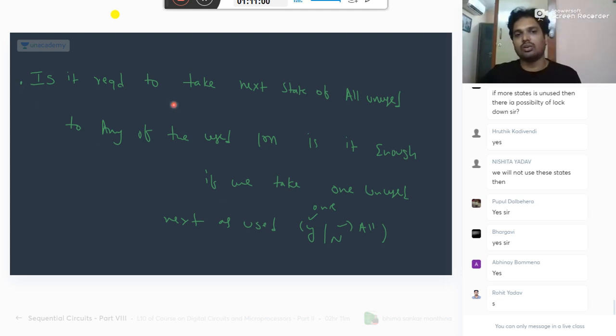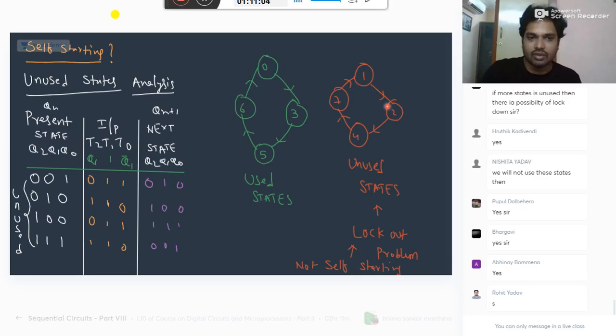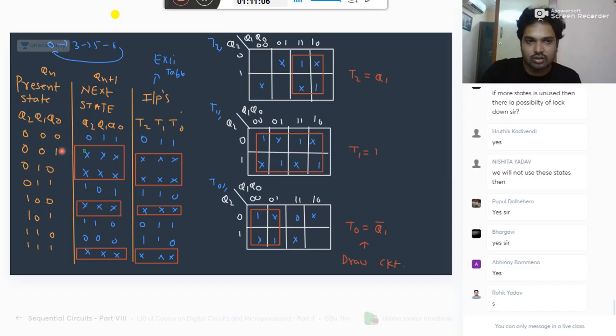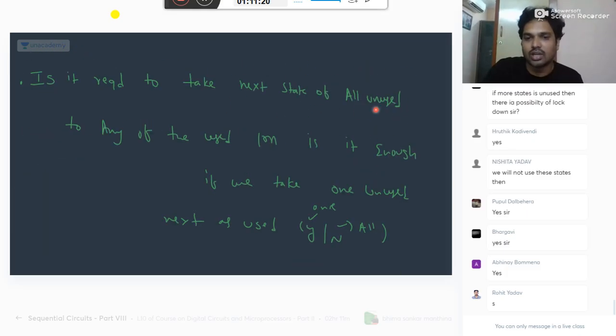Is it required to take the next state of all unused? Is it really required to take the next state of all these unused to be taken as any one of the used? Or you design it like you leave all of them, take any one of the unused, but take it as one of the used. Is it sufficient? That is the question. Is it clear, my question? I'll start the poll because you love the poll.